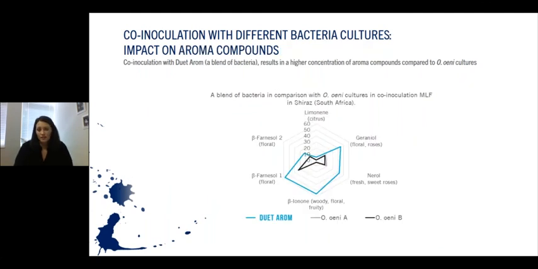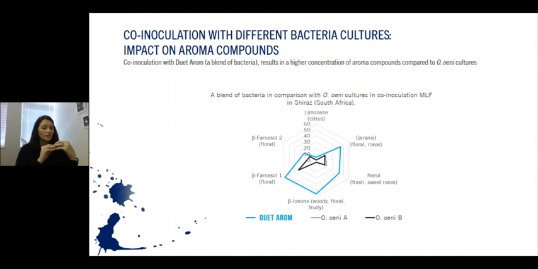So the reason we have a blended culture in the first place is because Lactobacillus plantarum is actually naturally more complex in terms of their enzyme profiles, as Murray described. And here you can see the Duet Aroma culture has a Lactobacillus plantarum strain that has beta-glucosidase activity. So what that means is, in comparison to a single Oenococcus culture, you have the ability with the blend to actually release more grape-derived aroma compounds.